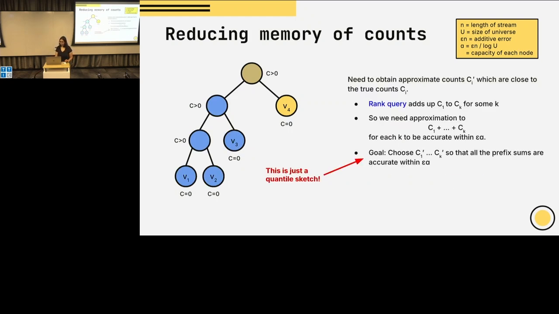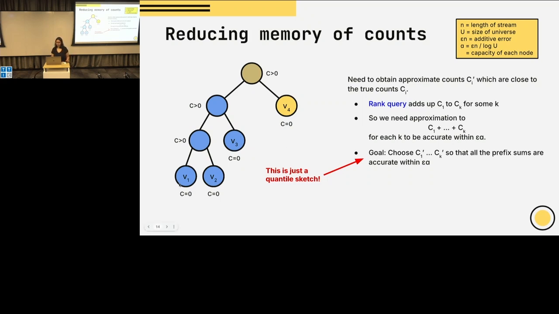Why? We're looking at the universe of elements V1 through V4, and for each of them we're computing roughly how many elements, when we approximate the prefix sum C1 through CI, were less than VI that we received. That's basically the question we're asking. And each of these counts is allowed to be off by epsilon alpha, which is exactly the condition for a quantile sketch. So this is just a quantile sketch.